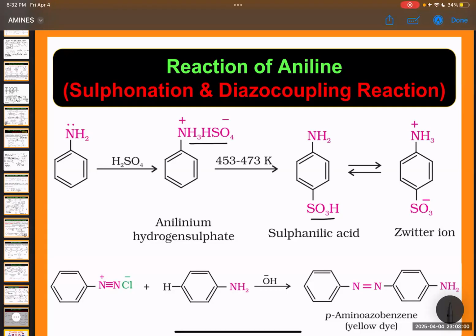There is a famous question that sulfanilic acid exists as a zwitterion. Got it? Why does it exist as a zwitterion? What could be the reason? Why can sulfanilic acid exist as a zwitterion?